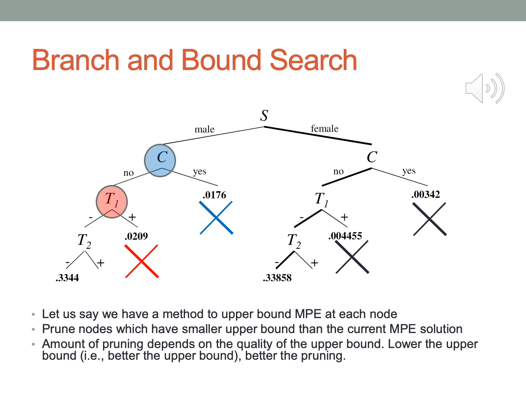So if you want to improve any branch and bound algorithm that can be used to compute the value of a maximization problem, the easiest way to improve it in terms of number of nodes explored is to improve the quality of the upper bound. That's the main issue, and that's what we will address next.